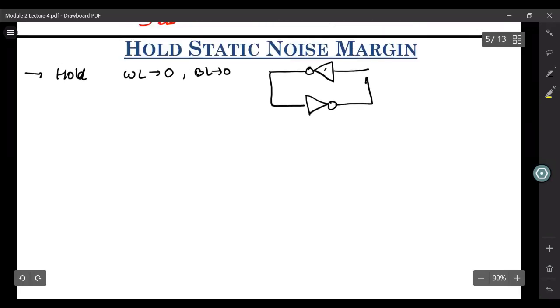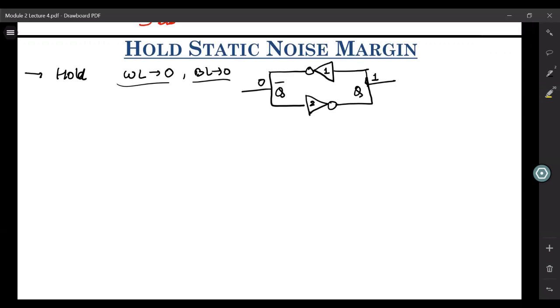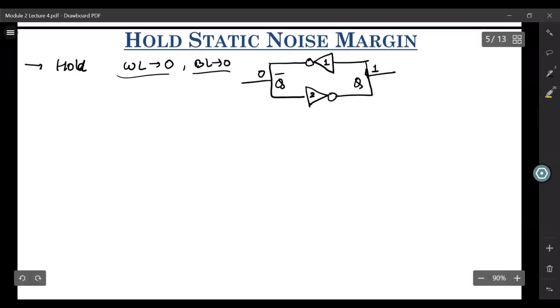You have this inverter 1, you have this inverter 2, you have this node as Q, you have this node as Q bar. If let's say Q was 1, it has to remain at 1. If Q bar was 0, it has to remain at 0. So this is the kind of circuit that you end up with when word line is 0 and bit line is 0. Now let us look at what exactly is the static noise that we are talking about.